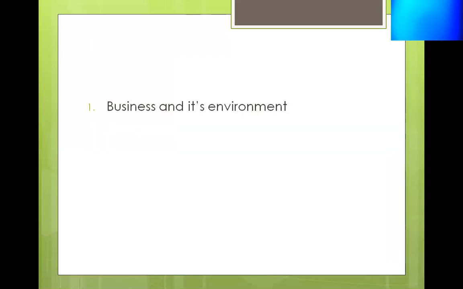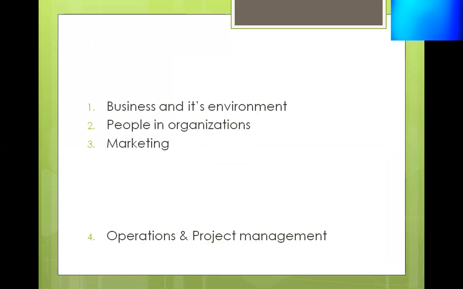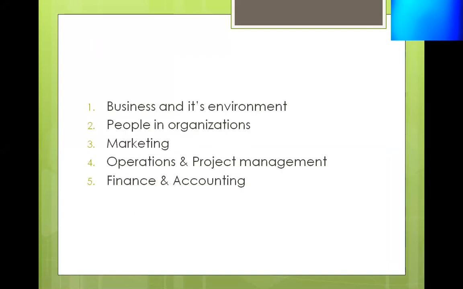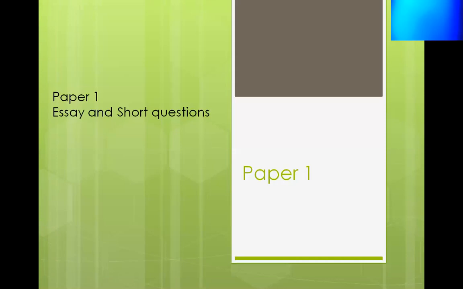Before going on to the actual coursework, we'll first have a small discussion of the paper patterns and how we are going to tackle those papers. So in AS, my students, you are going to have two papers. Paper 1 consists of essay and short questions.